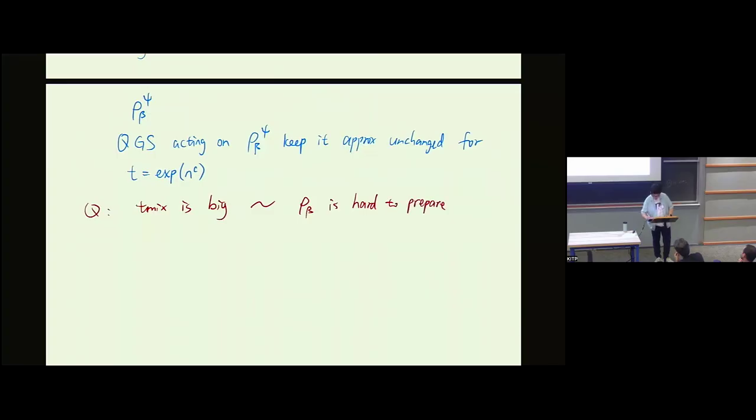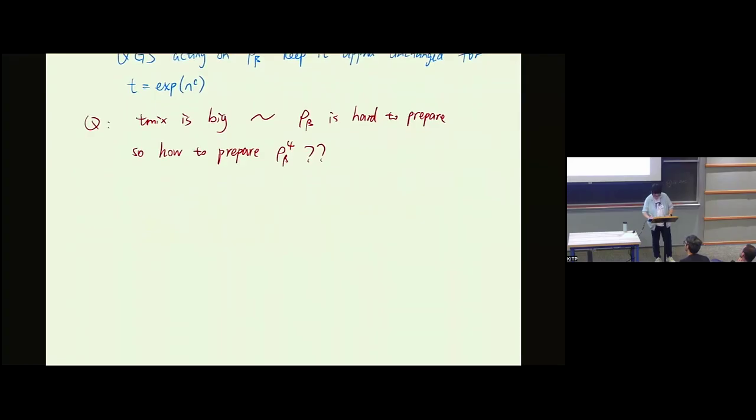But now if you think about it, this is saying something troubling, because our memory state is also some kind of Gibbs state. So how do we prepare the memory state? Okay. And the answer is also very simple.